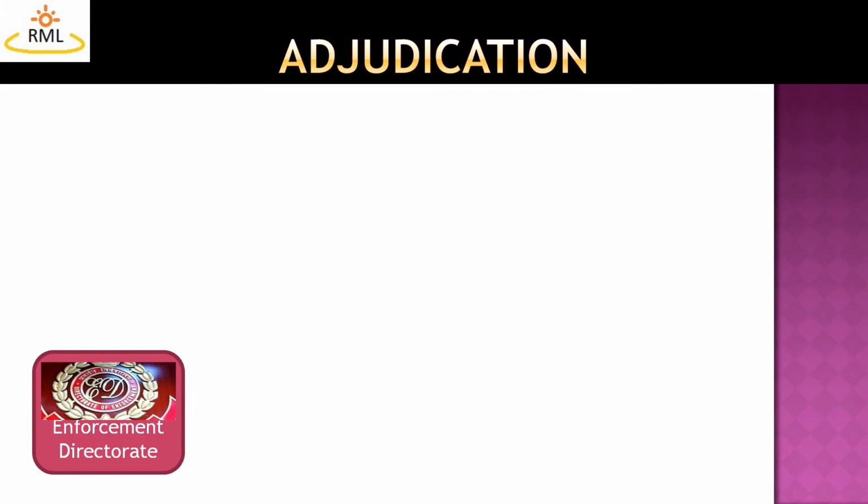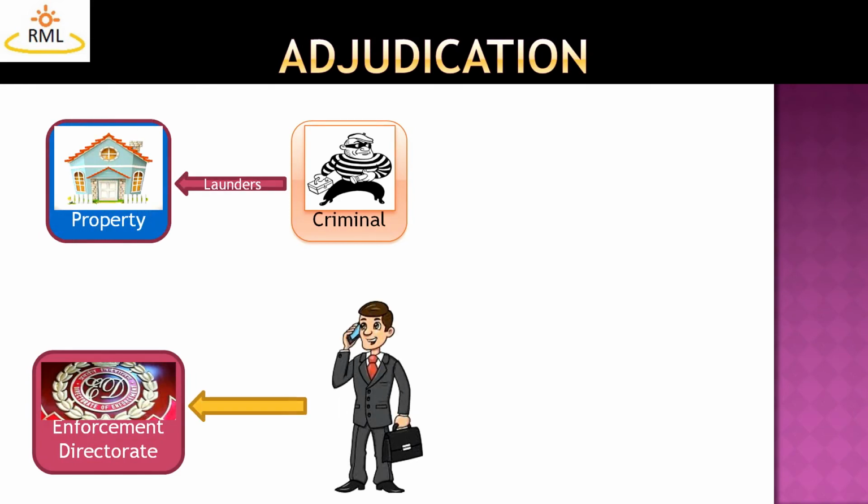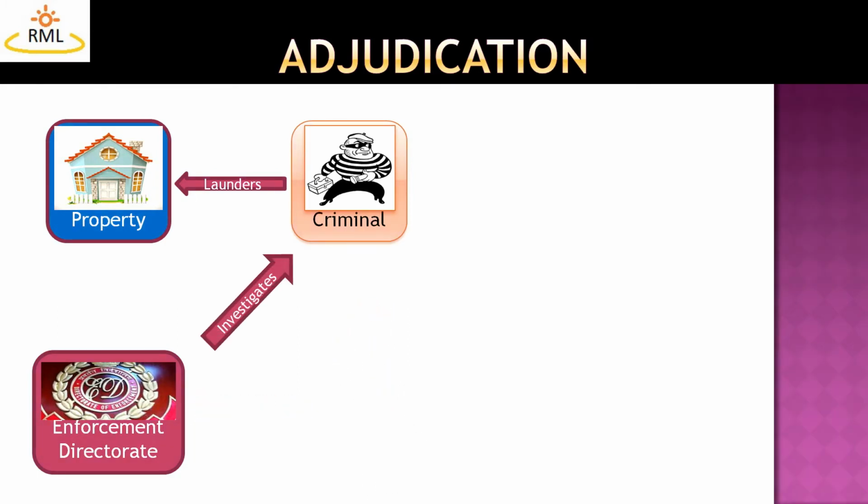Adjudication takes place before the Adjudicating Authority and is for confirmation of attachments, seizures or freeze done by the Enforcement Directorate. Typically, the wheels of justice are set to roll by the Enforcement Directorate, or ED as it is called, when it comes to know or is informed about the occurrence of specified offences under the PMLA by different government investigation agencies like police, SFIO, etc. Based on the information, ED will start its own independent investigation.